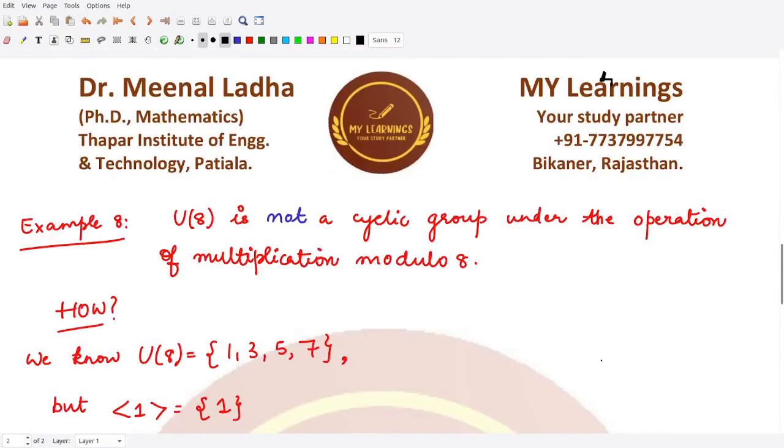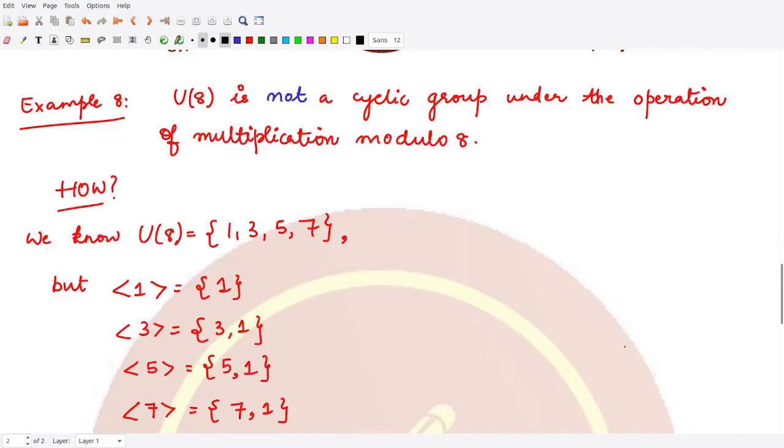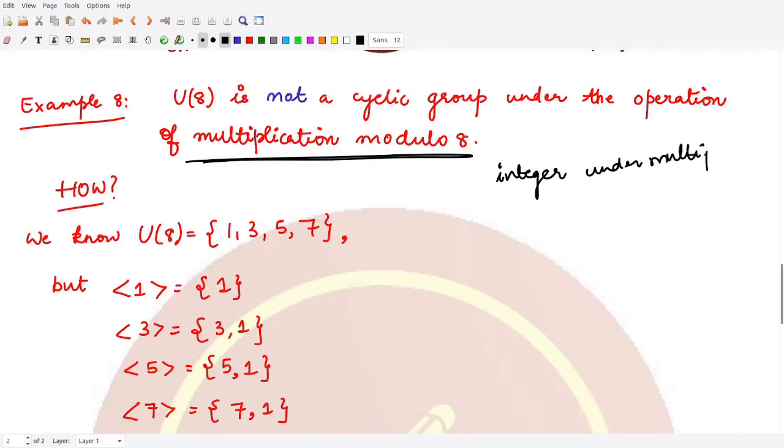Let's see an example which is not a cyclic group under the operation of multiplication modulo 8. So let's say we take this group of integers under multiplication modulo 8, right?